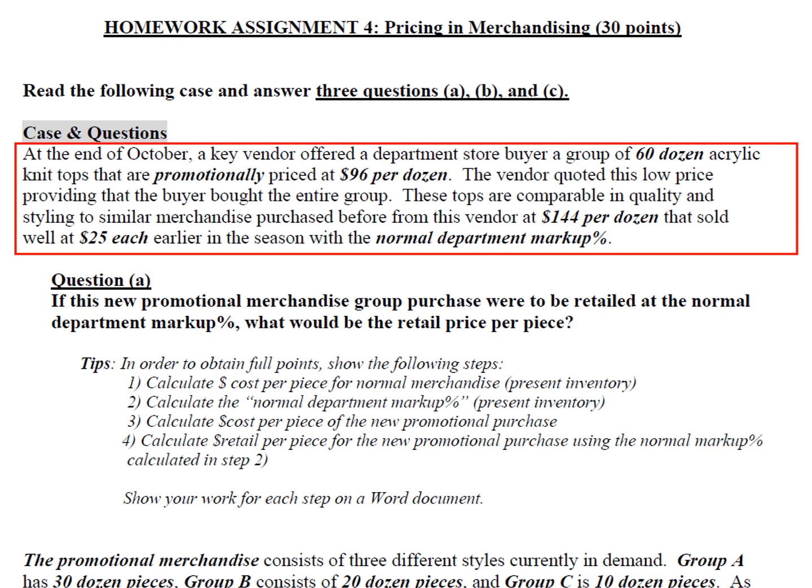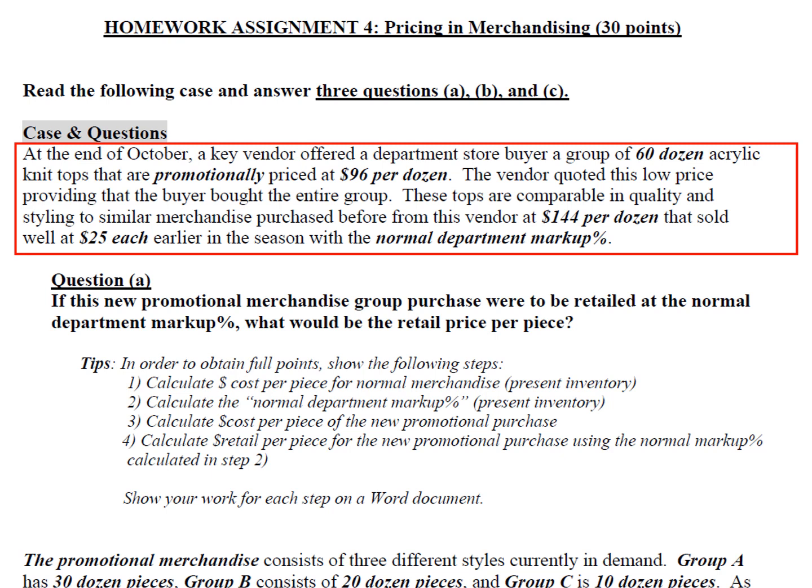This is obviously a pretty good, low cost from the retailer's perspective, because if you keep reading that paragraph, it says that these tops are comparable in quality and styling to similar merchandise purchased before from the same vendor at $144 per dozen. So before, the same vendor offered similar merchandise at a higher cost. Now they are giving a promotional offer at a lower cost.